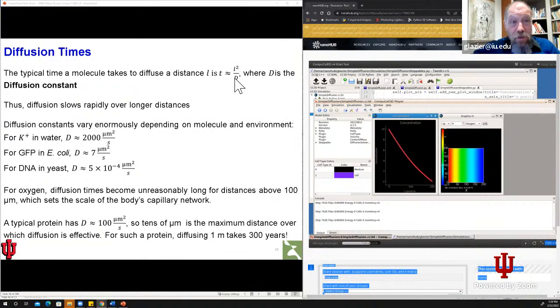Squared, 10 to the 12th. 10 to the 12th divided by 100 is 10 to the 10th seconds. That's 300 years. So if neurons operated by diffusion, getting a signal from your foot to your brain would take 300 years. So that's not how those signals are transmitted.